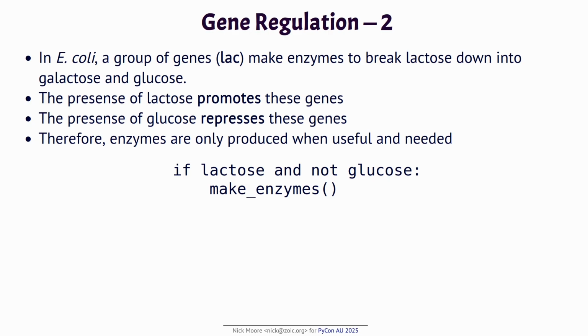Just as the simplest possible example, in E. coli, there's a group of genes that make enzymes that break lactose down. Lactose is a sugar, but it's a slightly more complicated sugar. E. coli would really rather just eat glucose lollies rather than drink milk. But in the presence of lactose and the absence of glucose, it can make an enzyme that breaks the lactose down into glucose and galactose.